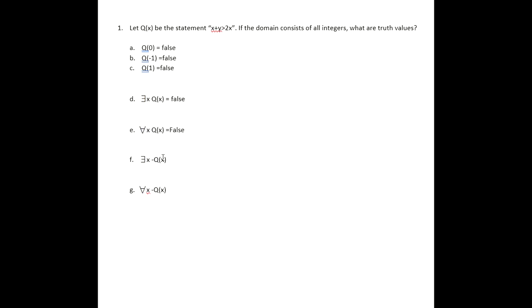So, it is false. Then, for letter F, the existential quantifier, or there exists an x of negative q at x. So, true. True siya is because there exists, so naay mag-exist nga x for which the statement is not true.